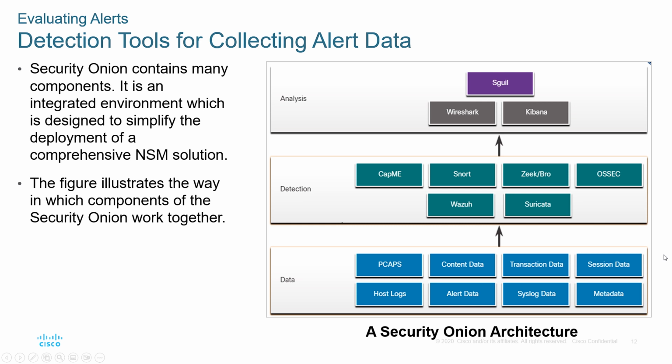So now we see how detection tools like Security Onion collect the alert data. You can see here there are three major levels. From the data itself, normally we can call it raw data, which comes from PCAP files containing the contents of the data, transaction data or session data, logs from the host, and alert data from other tools, system logs, and metadata.